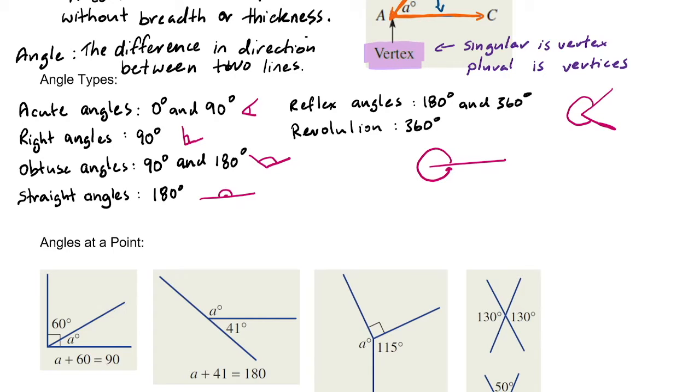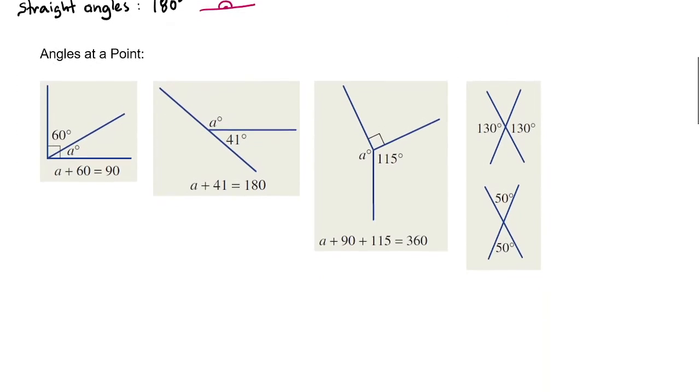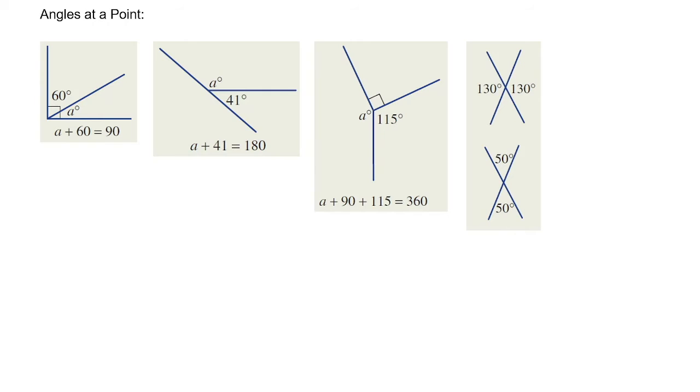So there are the different types of angles that we'll be dealing with, and we'll be dealing with them in different ways depending on the problem. Now, these are the base angle types, and then we talk about different types of angles up underneath. So we have 4 more types of angles at a point.